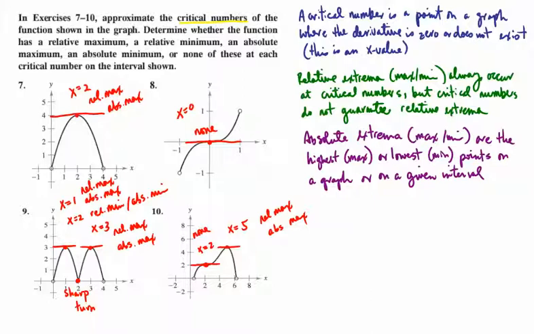However, just having a critical number does not guarantee you relative extrema. This is very important. And a new definition, absolute extrema are the highest of all points on a graph or an interval, and the absolute minimum is the lowest of all points on a graph or a given interval. We'll go on to the next set of exercises in the next video.